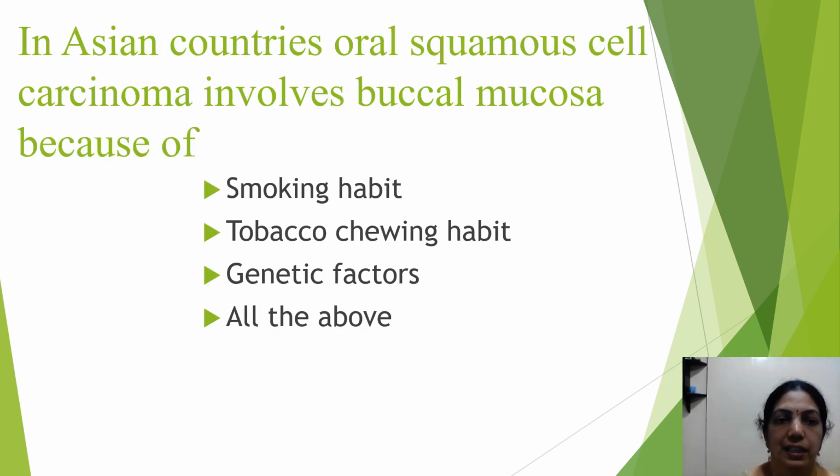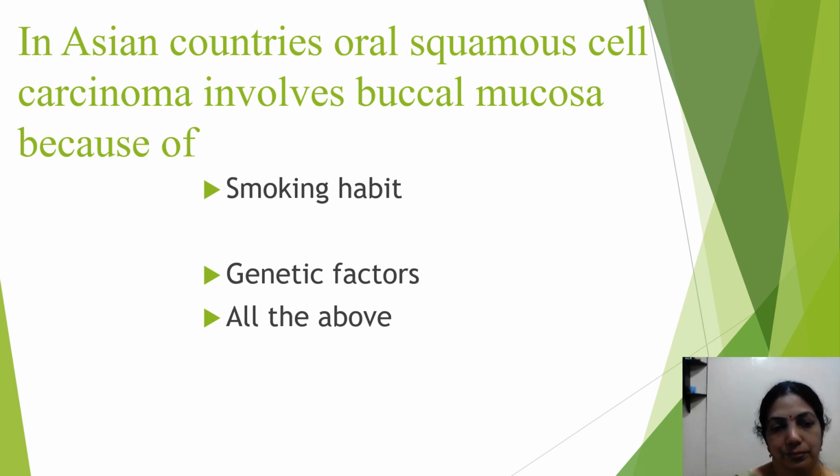As we discussed, in Asian countries, oral squamous cell carcinoma involves the buccal mucosa. Why? Is it because of the smoking habit, or tobacco chewing habits, or genetic factors, or all of these? The reason is the tobacco chewing habit. They use mostly smokeless tobacco, which may be pan chewing, quid, or snuffing.